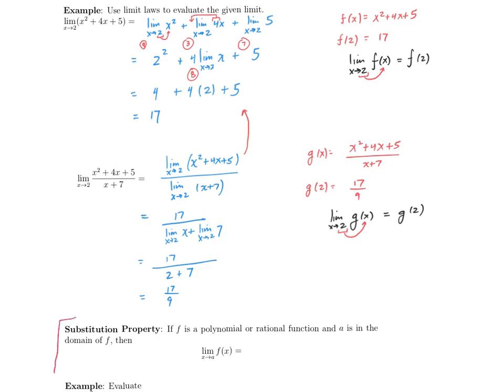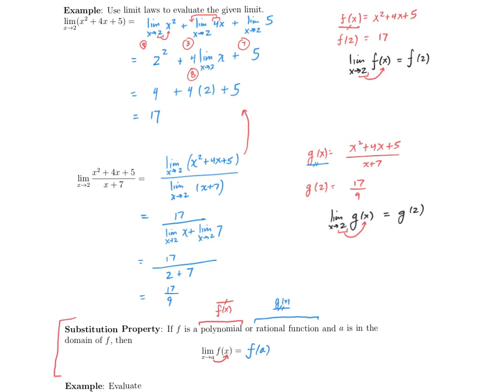And the substitution property tells us that if the function is a polynomial, so think f of x above, or if the function is a rational function, so think g of x above, a polynomial divided by a polynomial, and a is in the domain of the function, that is, if it makes sense to substitute in a, that is precisely what you do. And you get back f of a.